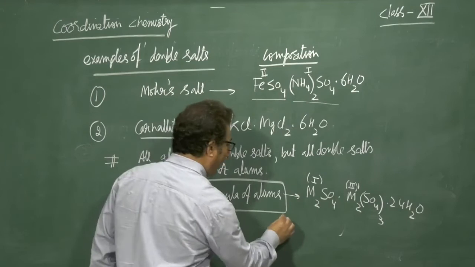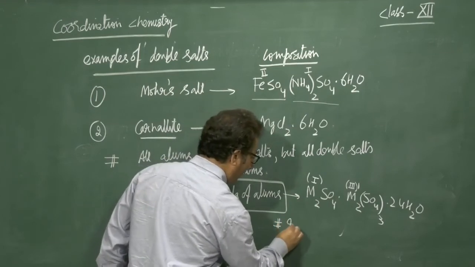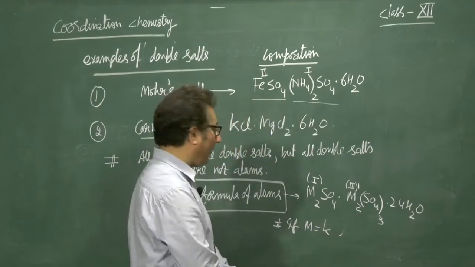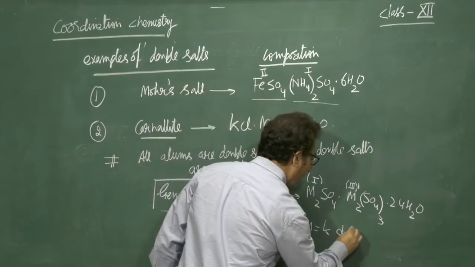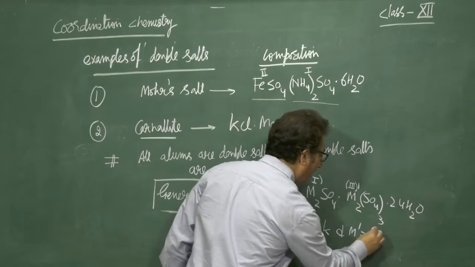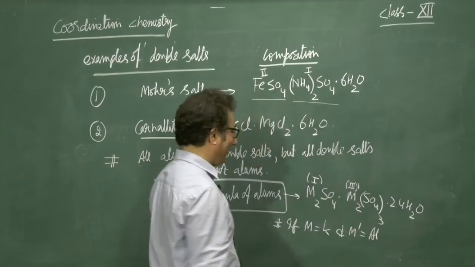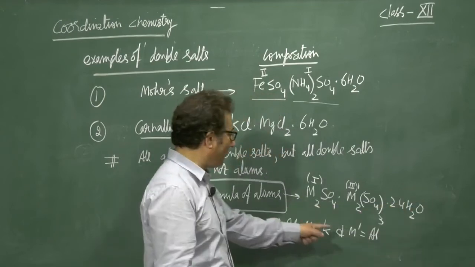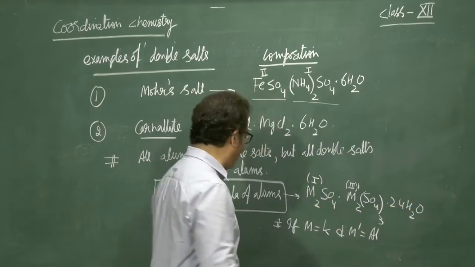Like if M is equal to potassium and M dash is equal to aluminium, you call it potassium alum, K2SO4, Al2(SO4)3. Potassium is monovalent and aluminium is trivalent.